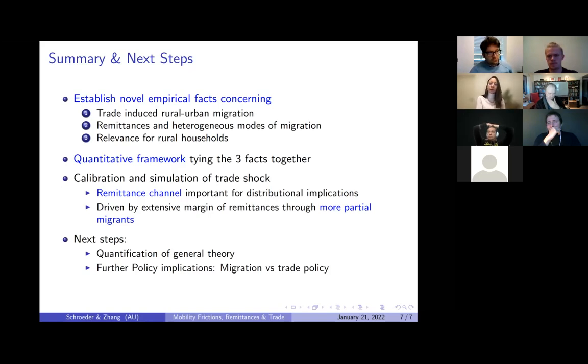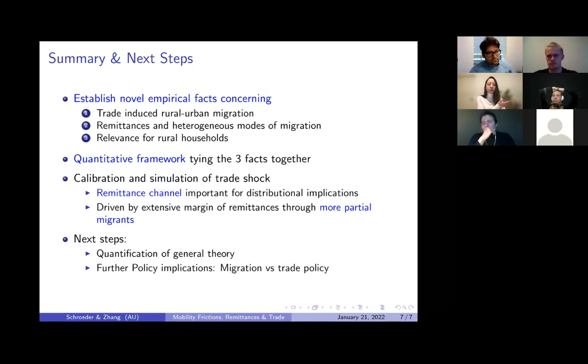So if it's a fixed share of your income that you're remitting, it can still mean that remittances increase in absolute terms, but as a share of income, it may remain fixed.